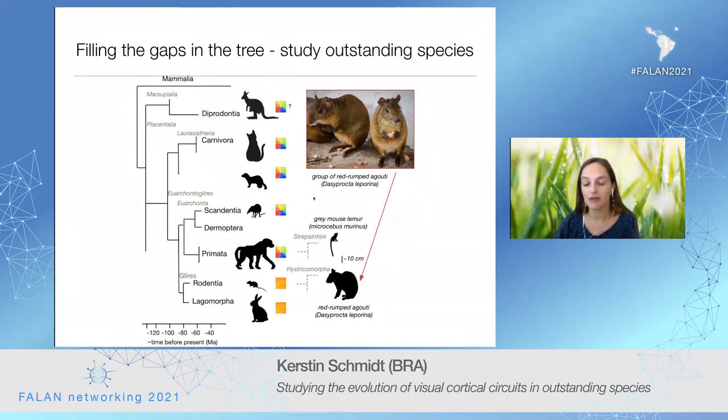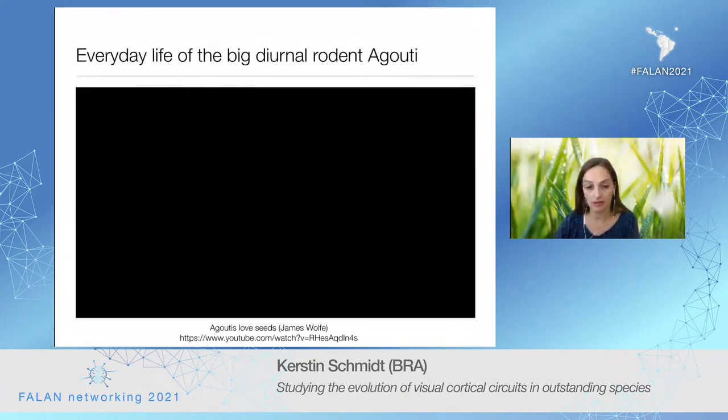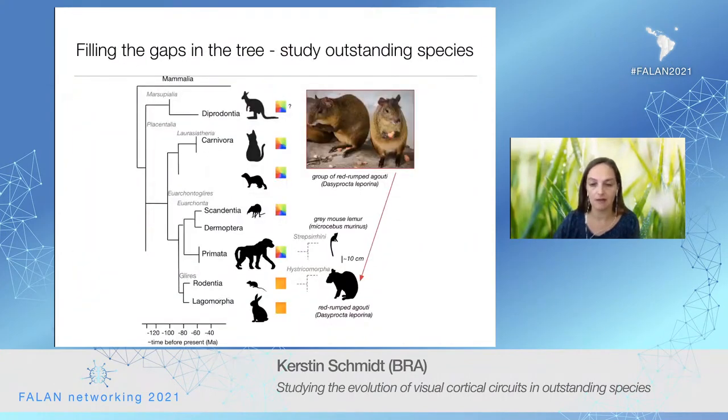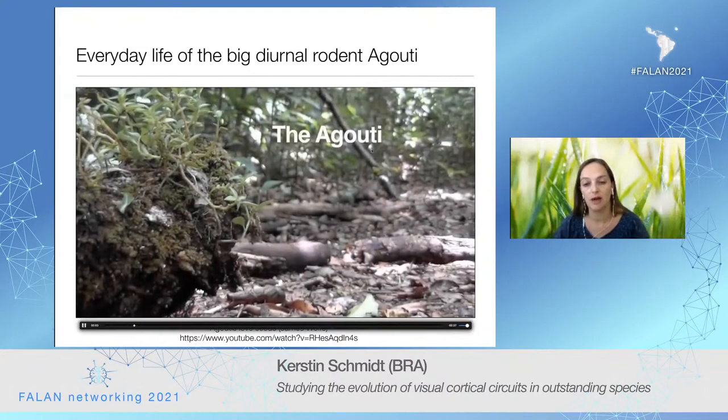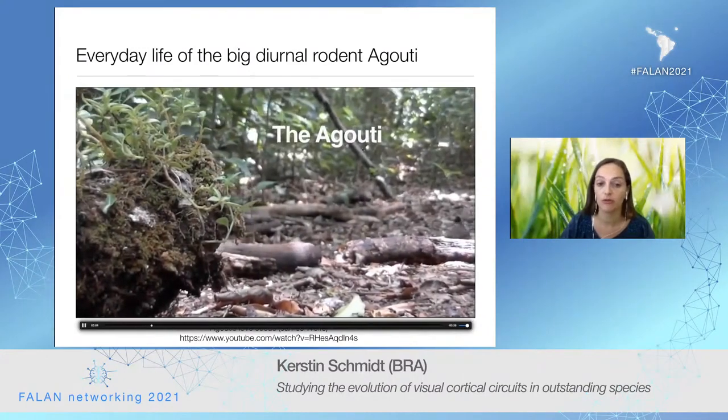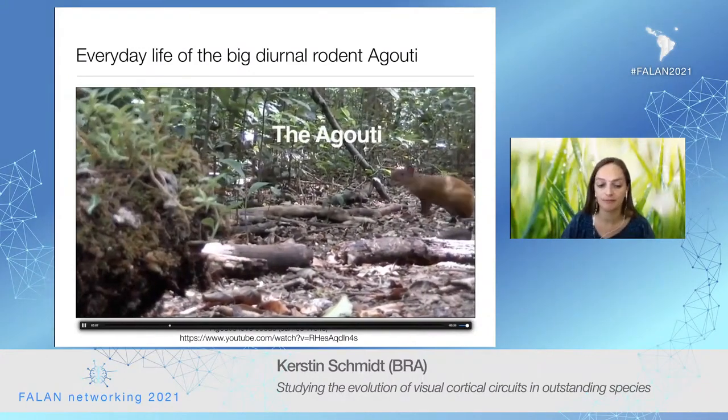When we started this, its cortex was almost the size of the visual cortex of a cat. And it's a rodent, and it sees very well, and is a diurnal animal, as opposed to other rodents, which are nocturnal animals, most of the rodents we knew of at that time.